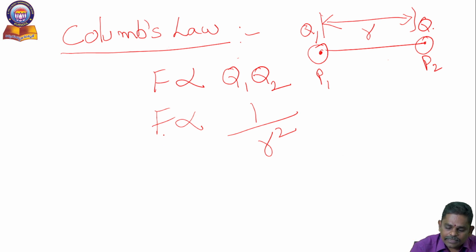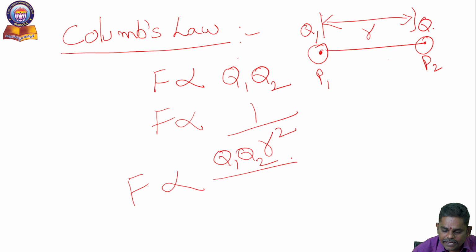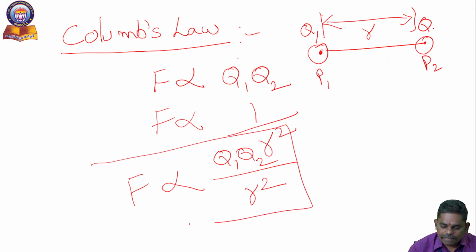So Coulomb's law states force is directly proportional to the product of two charges and inversely proportional to the square of the distance. This is the basic equation for Coulomb's law.